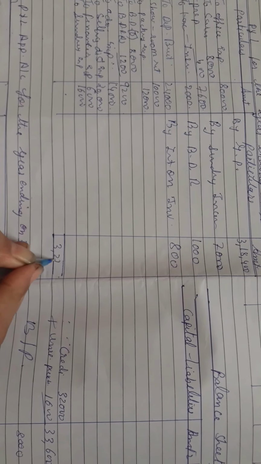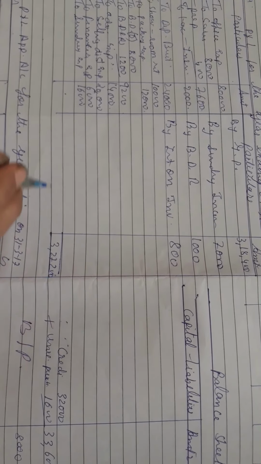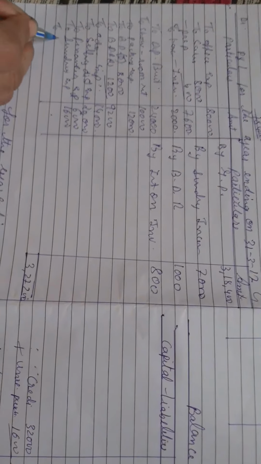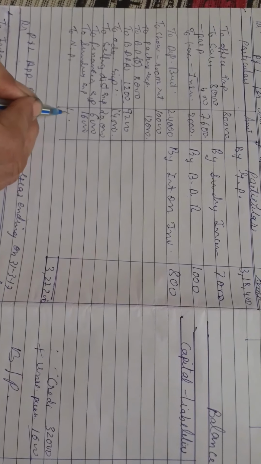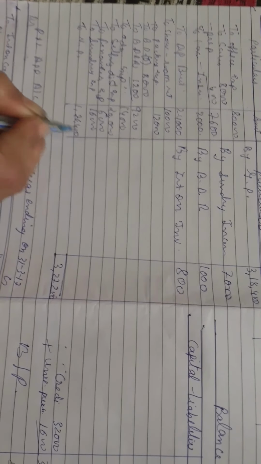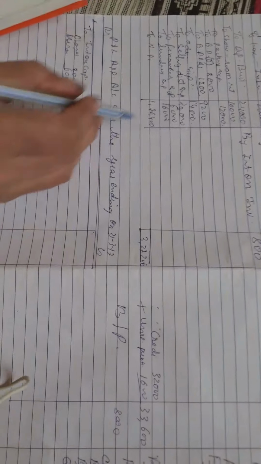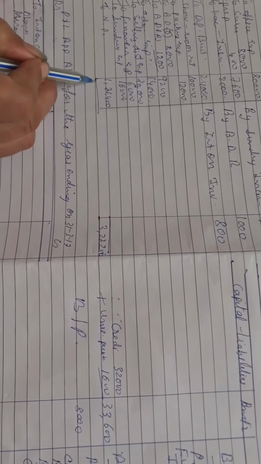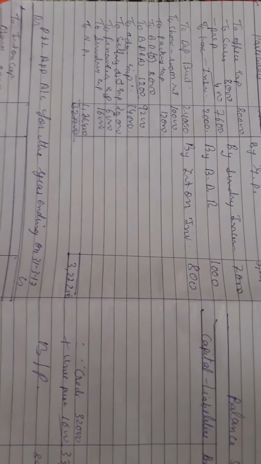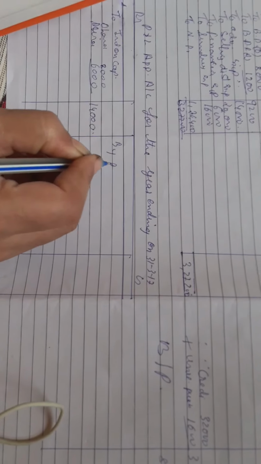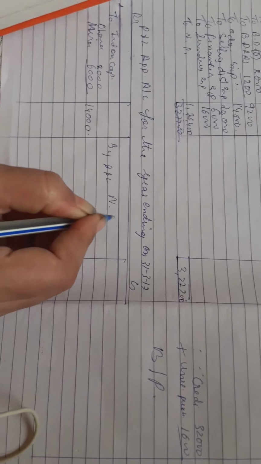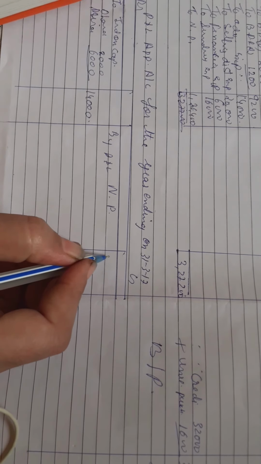So the total is here, and you will get here to net profit. Clear? After that you are going to transfer this in the P&L appropriation by P&L, that is the net profit. Clear?